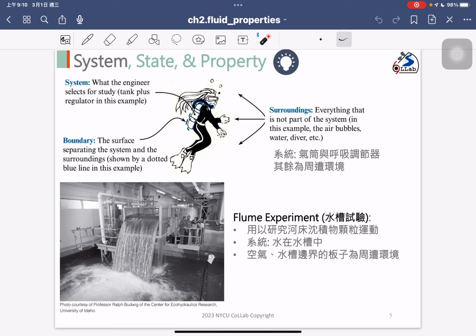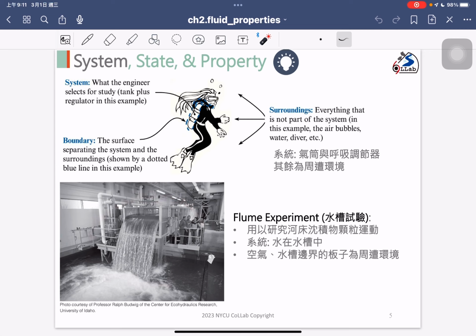Okay? Another case is shown on the bottom. This is the flume experiment. It is a very famous experiment, and next semester you will have a practical experiment related to the flume in our fluid experiment laboratory class. This is the flume system.